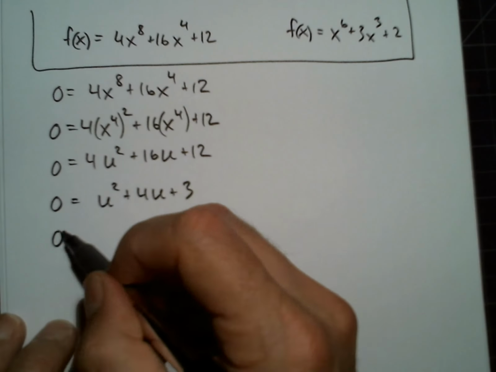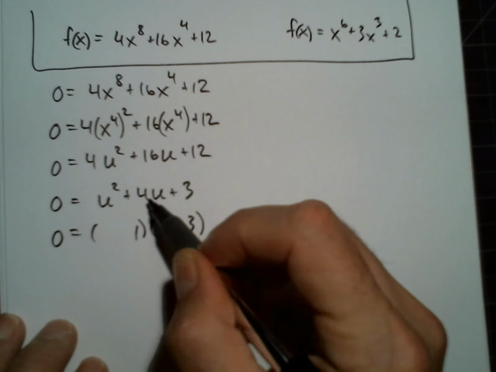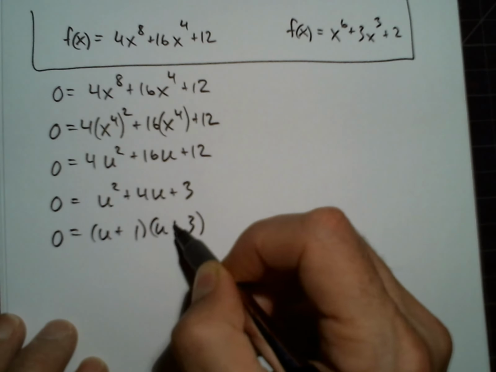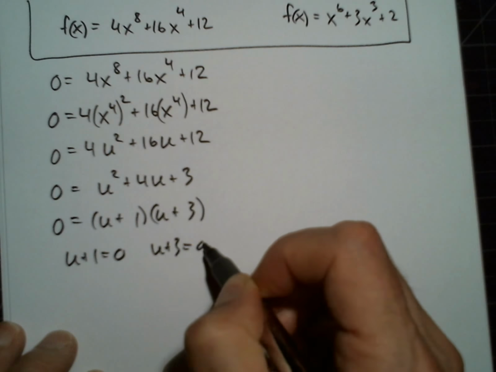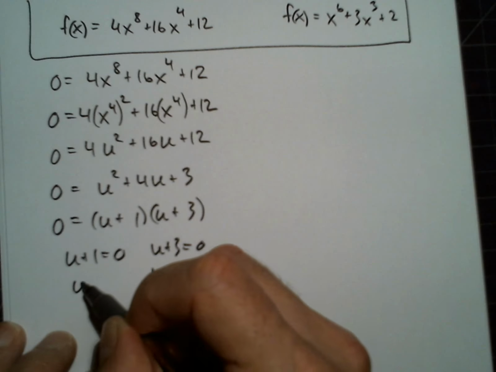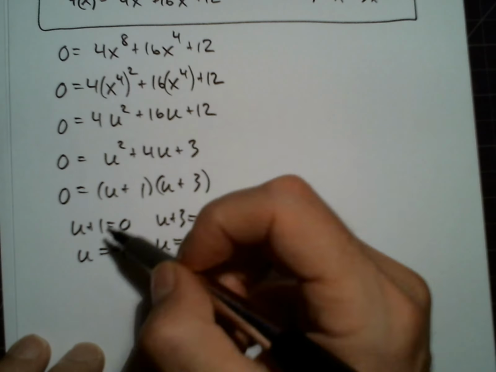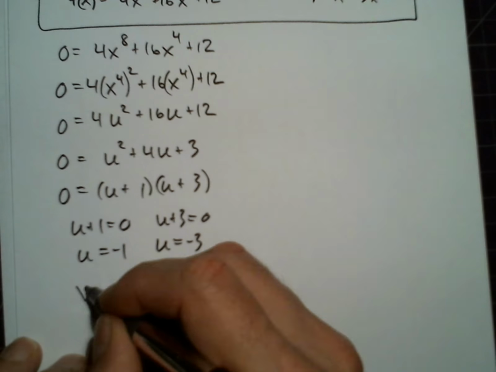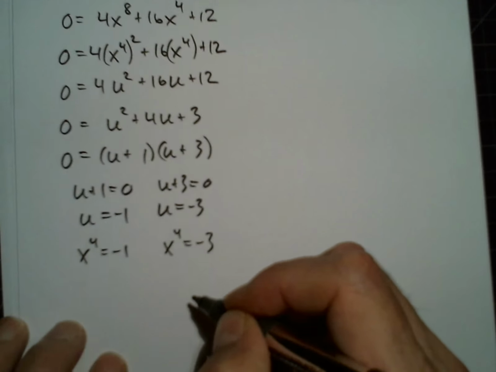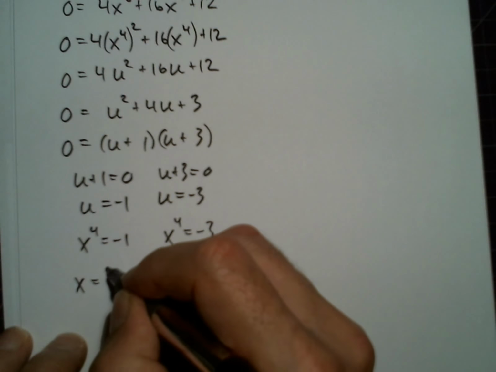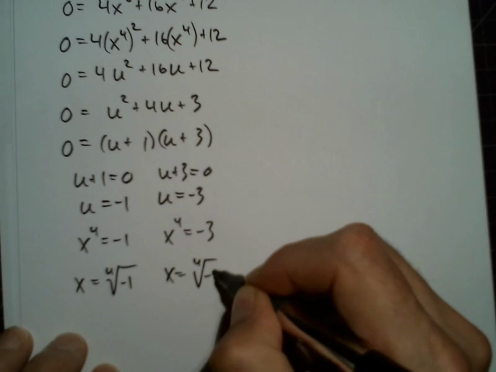And then we can factor, multiply to get 3, add to get 4. But we know that u is actually x to the 4th, so we'll go x to the 4th. And 4th root of both sides, we get that and that.